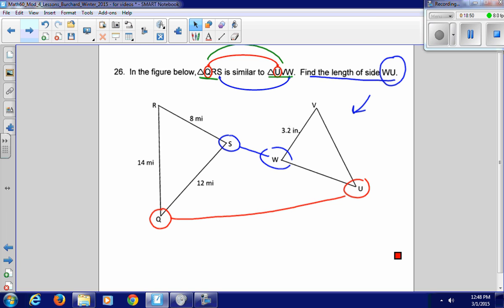So this side is going to go with this side. Now I'm not saying that this one is 12, I'm saying these two go together.